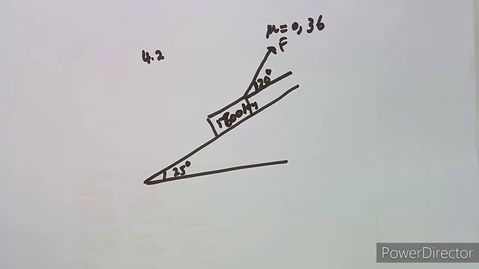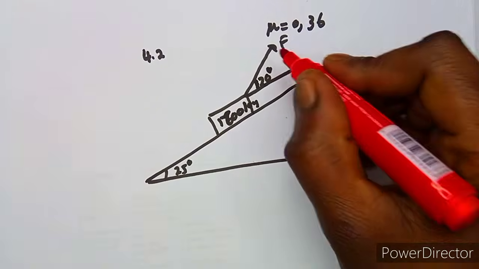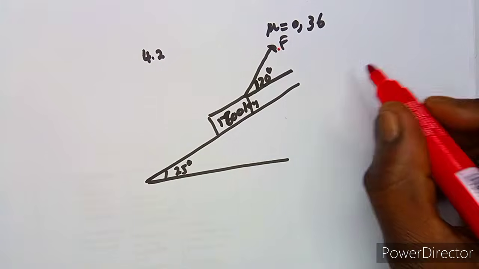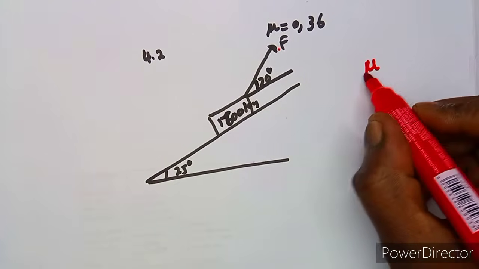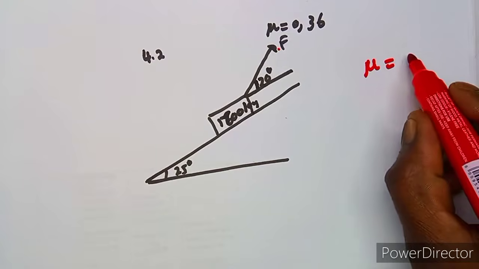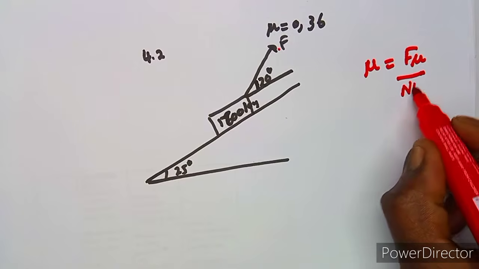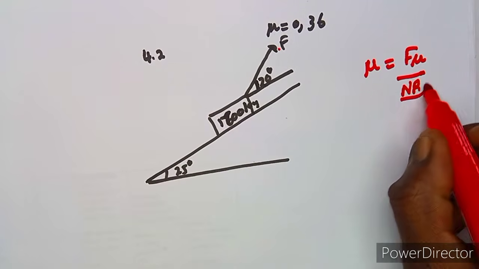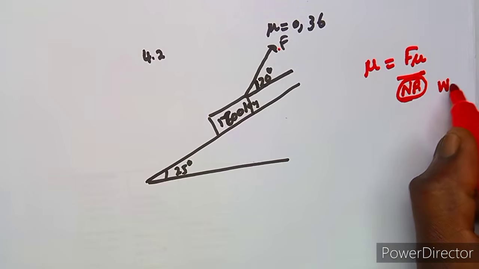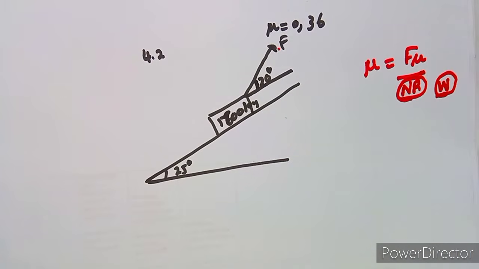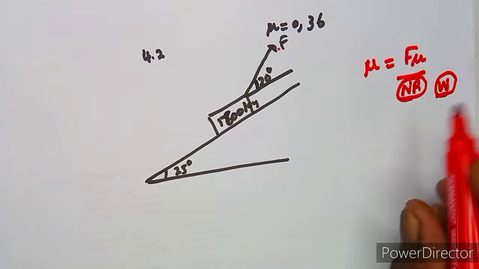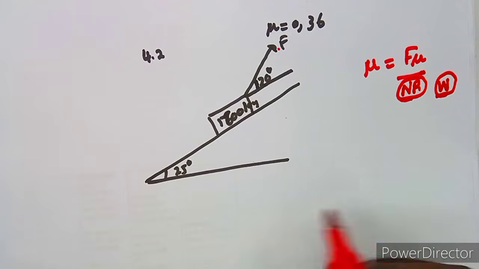Remember, guys, I talked about a condition where you are supposed to find the components here, because we know that the coefficient of friction is equal to the frictional force over the normal reaction, which is actually the weight, but it is the resultant that we are talking about. If we put it as the normal reaction, it can make sense.